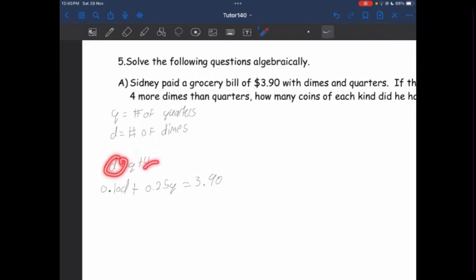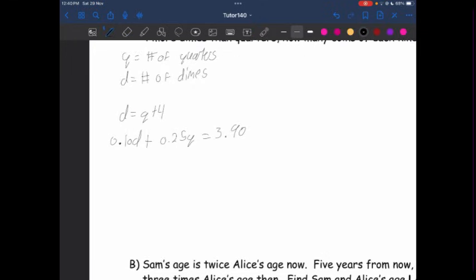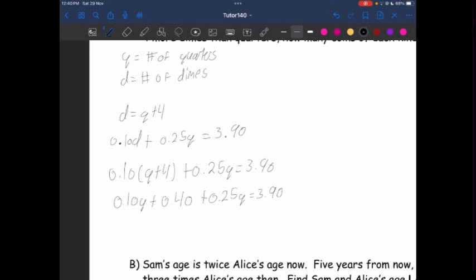So we're going to substitute this: D is equal to Q plus 4. We're going to substitute this for D in this equation. So this would be 0.10 times Q plus 4, plus 0.25 Q is equal to 3.90. Distribute, that's 0.10 Q plus 0.40 plus 0.25 Q is equal to 3.90.